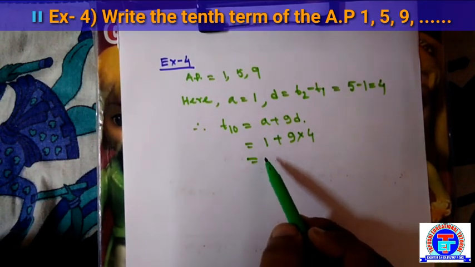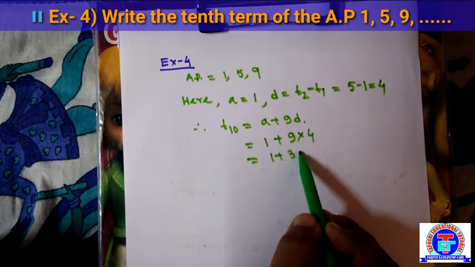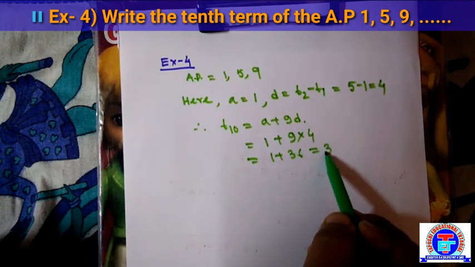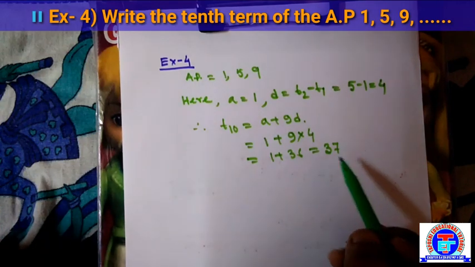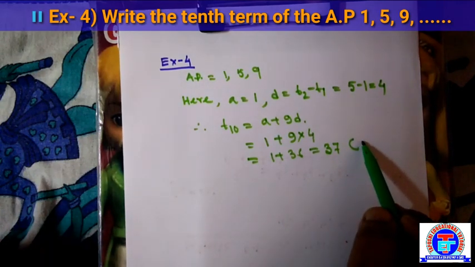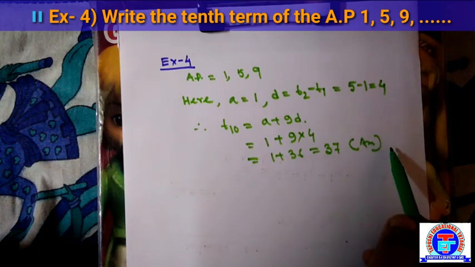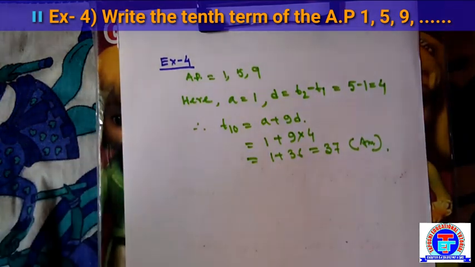This will become 1 plus 36 is equal to 37. So this is the answer of the given problem, right. I hope student you clearly understand this problem.